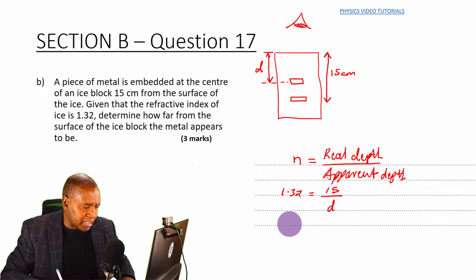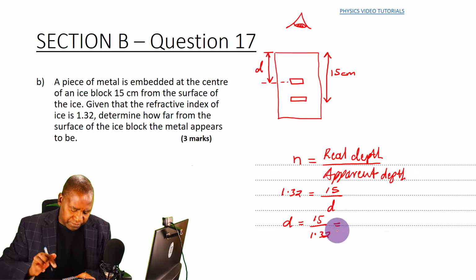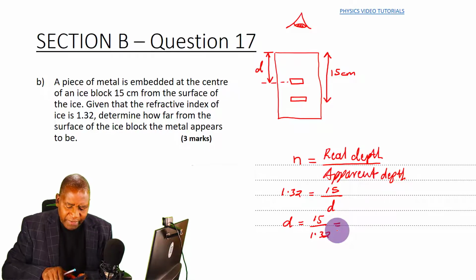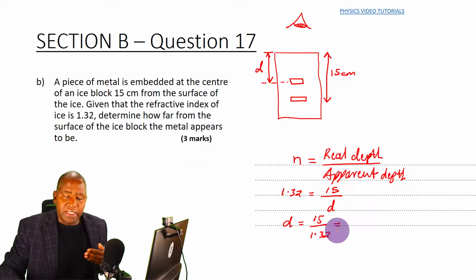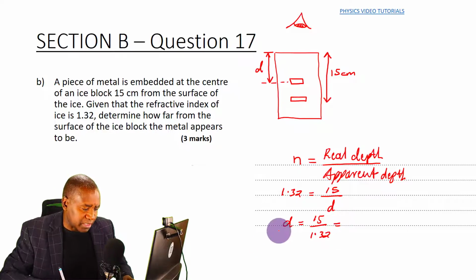And we see that the apparent depth is 15 divided by 1.32. What does that give us? So we get 15 divided by 1.32, and I get 11.36 centimeters.